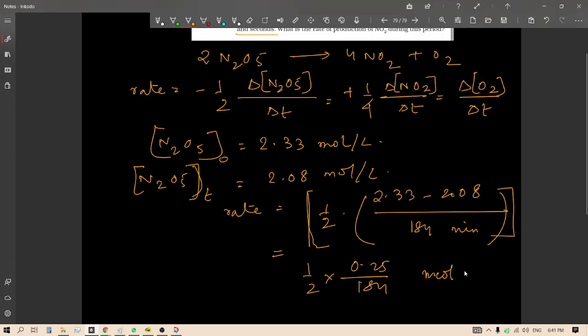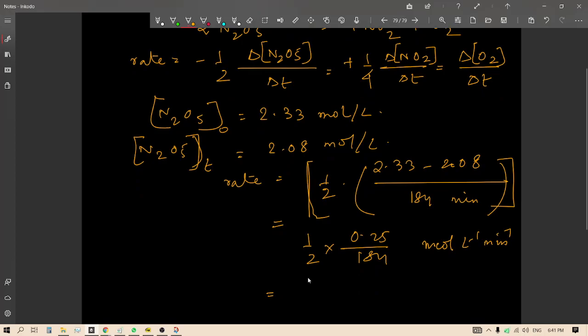If I do it in minutes, this is mole per liter per minute, because I am doing it in minutes now. So it is 0.125 by 184. This comes to be 6.79 into 10 to the power minus 4 mole liter inverse minute inverse.